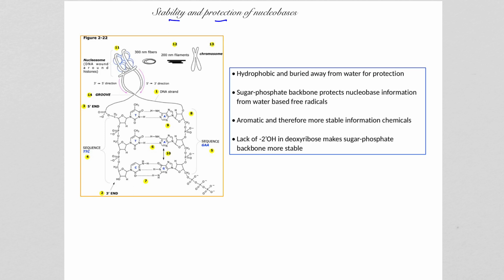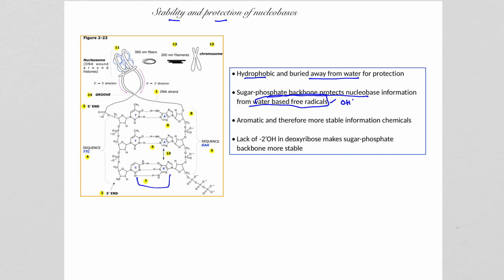Well, one is the nucleobases, which is the information, is hydrophobic and it's buried away from water. So it's in the inside of the DNA. The sugar phosphate is on the outside. And the sugar phosphate actually helps protect the nucleobases from water-based free radicals. A lot of very dangerous free radicals, such as the hydroxyl radical, are water-soluble.